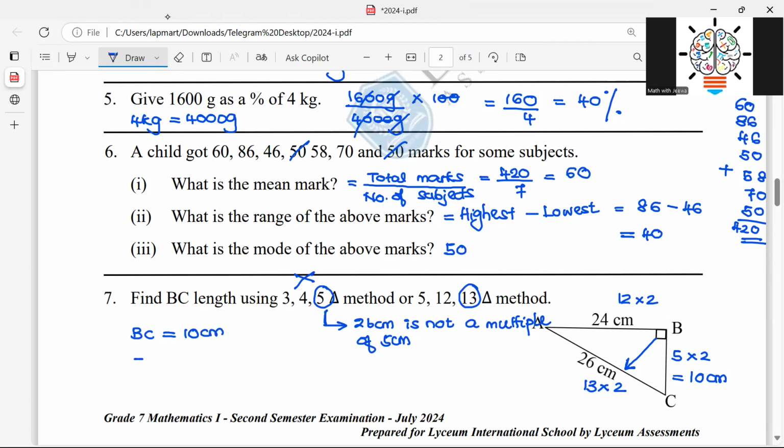So then if it is 5 times 2, 10 centimeters, 12 times 2, 24 centimeters, and then 13 times 2, it is 26 centimeters. That is how it works.